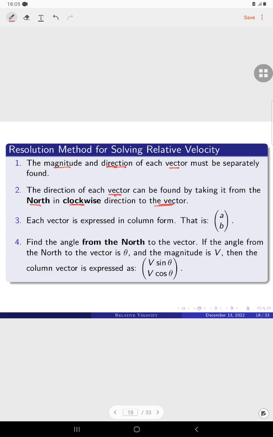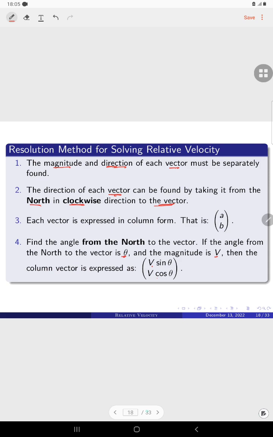Then you express each vector in a column form. Let's assume that the angle from the north for a given vector is theta and the magnitude is v. Then how do you express the column vector? It's going to be v sine theta, v cos theta.